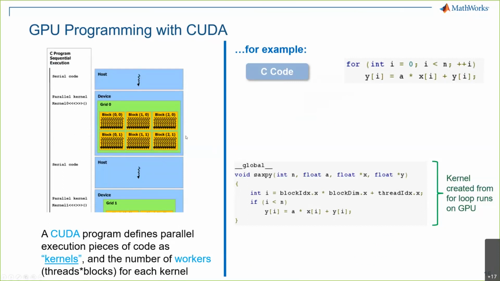To give you an example of parallelization, if we have a for loop in MATLAB or C code, for instance, which is doing a matrix multiply and then some addition, the way it's going to parallelize is we're going to remove the for loop and have it replaced by a kernel.